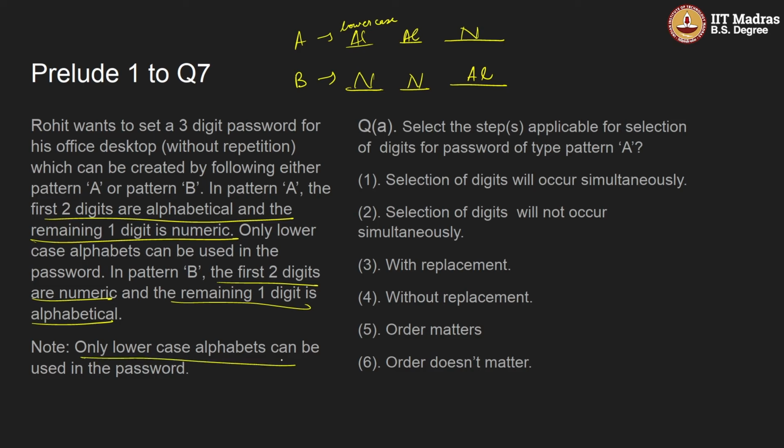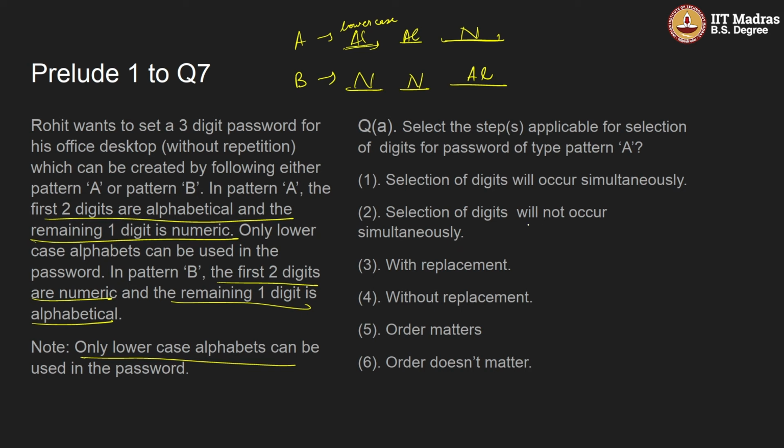So the question is, select the steps applicable for selection of digits for password of type pattern A. In pattern A, we have the first two digits as lowercase alphabets and the last digit as numeric. So what are the steps? The first is selection of digits will occur simultaneously, or the selection of digits will not occur simultaneously.